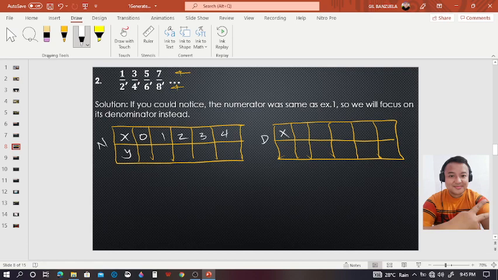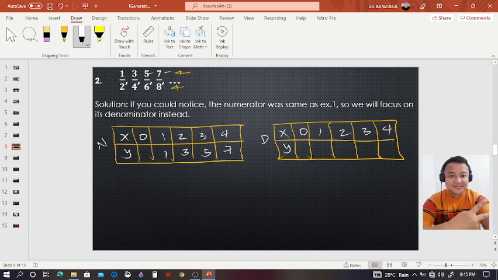So the same, x value, y, 0 term, first term, second, third, and fourth. On the numerator part, the first element is 1, the second element is 3, the third element is 5, and the fourth element is 7.